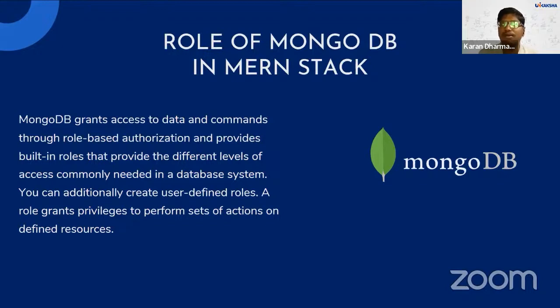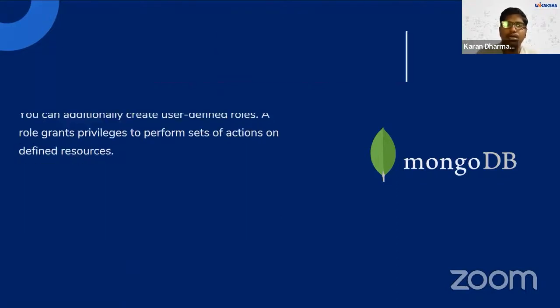Basically, it doesn't have a table-like structure. You can save it as collections or classes. It is like classes, it is object-oriented stuff. It is not related to tables. It doesn't create tables. So that's one advantage of MongoDB.